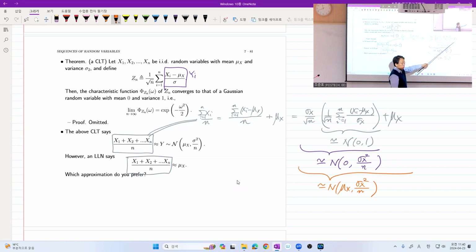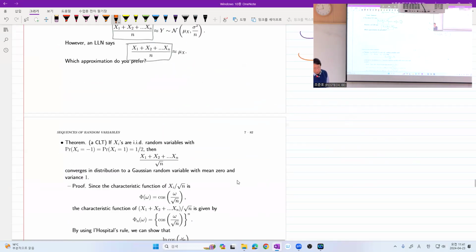This is our target, and this is our deviation from the target. And that is very close to what? A Gaussian with very small variance and zero mean. Got it? So in the law of large numbers, our error becomes smaller and smaller. But if we do not ignore that one, that is very close to Gaussian noise. Got it? So you see the difference.